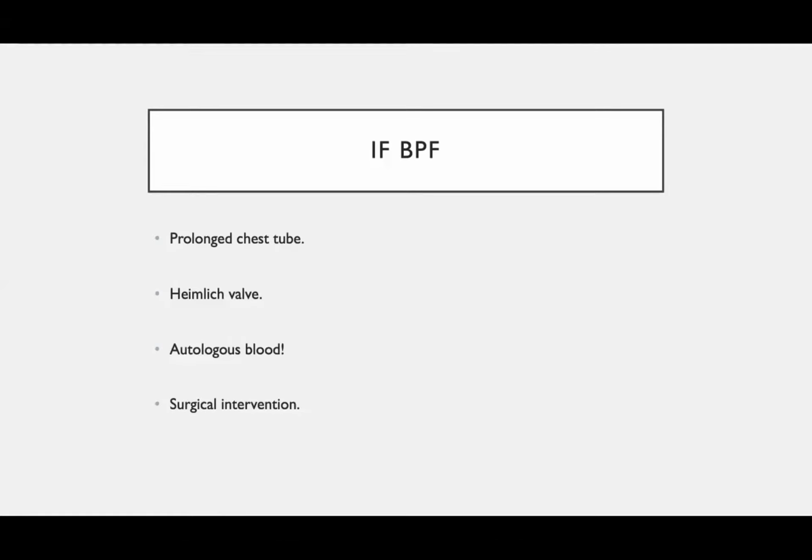Surgical intervention is very detailed and complicated. You can operate on the patient by posterolateral thoracotomy, and you can go and find your leak from the bronchial tree. You can do debridement, you can do primary suturing, which is unlikely to hold by itself.